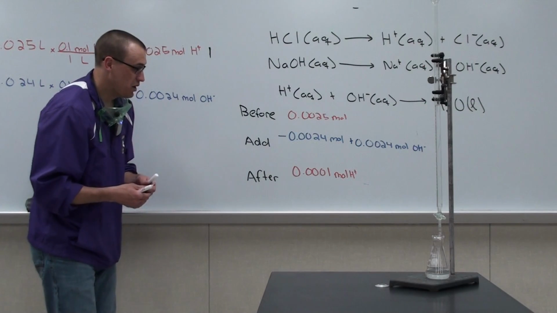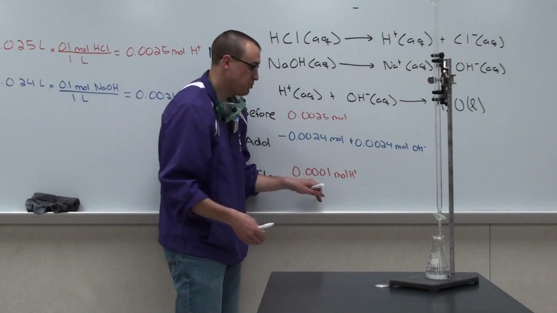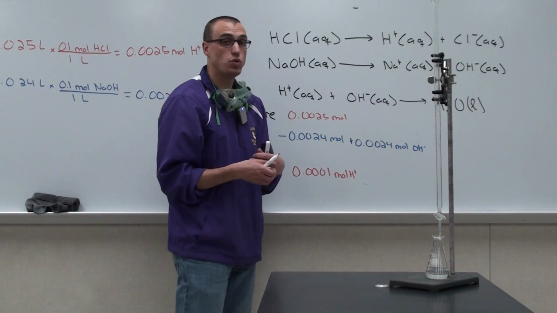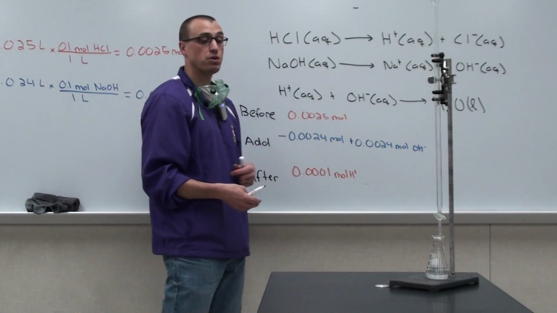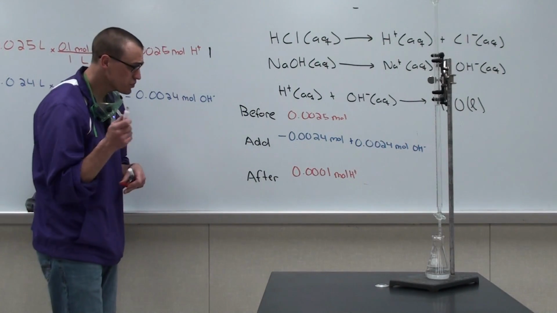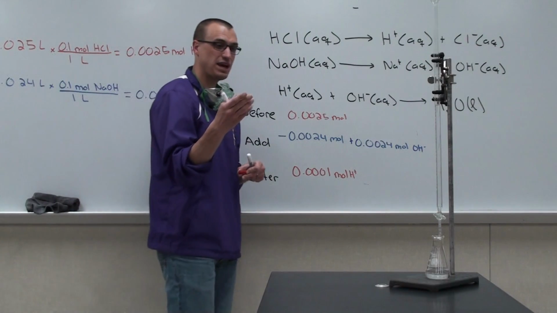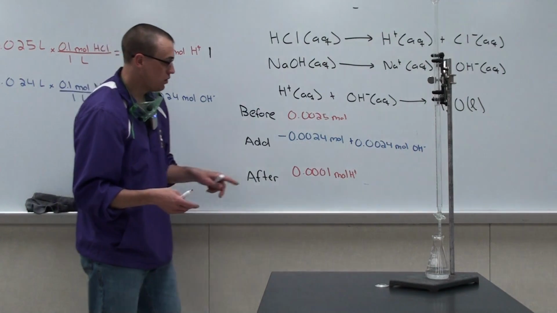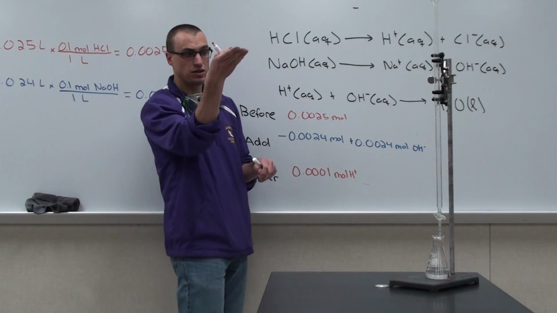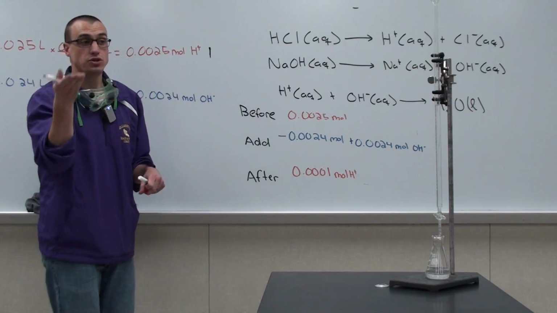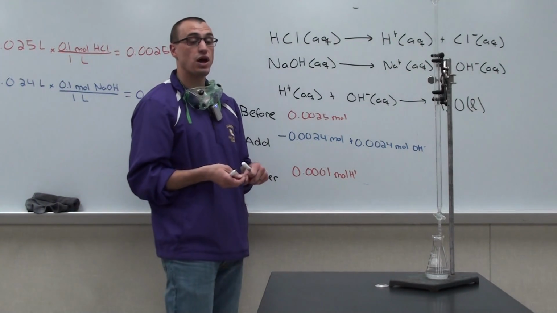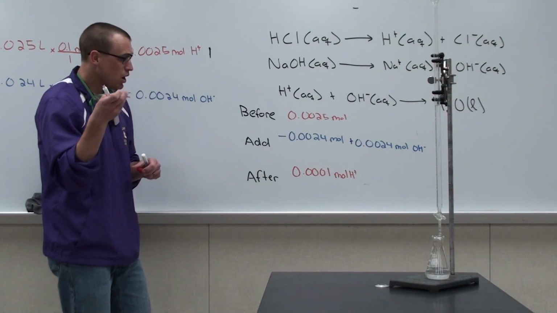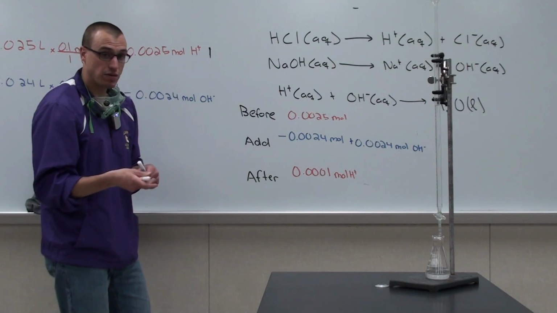Now, as we did in the last one, moles of H plus isn't going to help us in that pH equation. What we need to do is convert this to the molarity of H plus ions in solution. So again, what we need to divide it by is the total number of milliliters in solution. Right now, we've added 24 milliliters to the already 25 milliliters of H plus, or hydrochloric acid. We have a total of 49 milliliters.